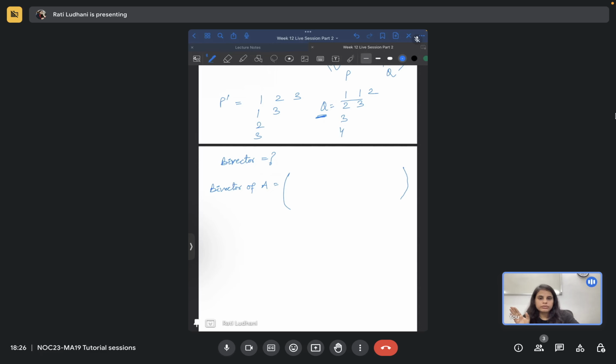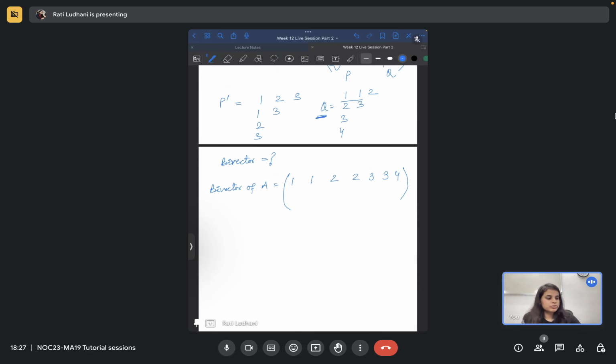In the bivector we always write it in the weakly increasing order. So Q is just the recording tableau that records the row number, and we always write it in the weakly increasing order. So first row must be this, right, in the bivector. Is that clear? Yes, ma'am.